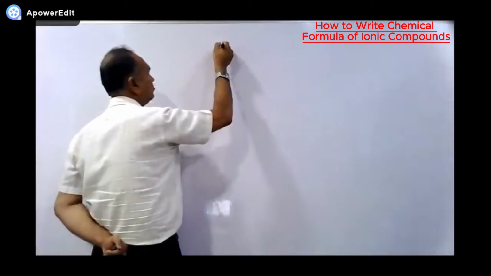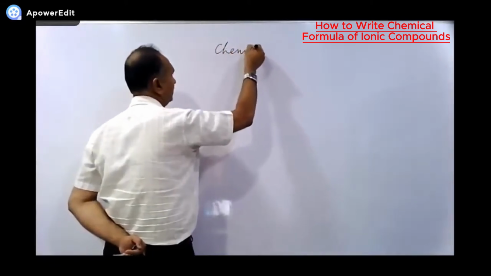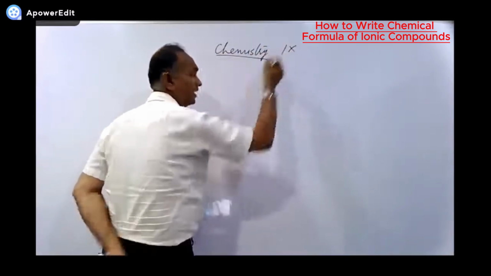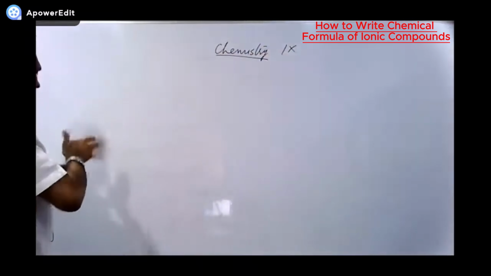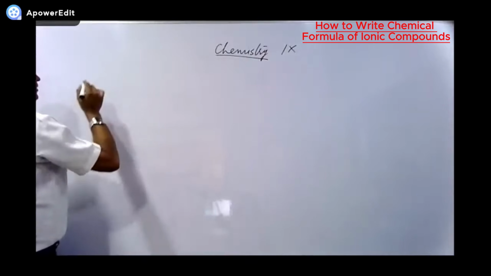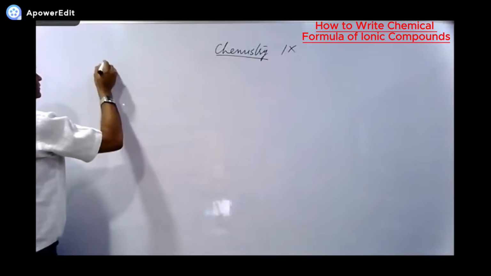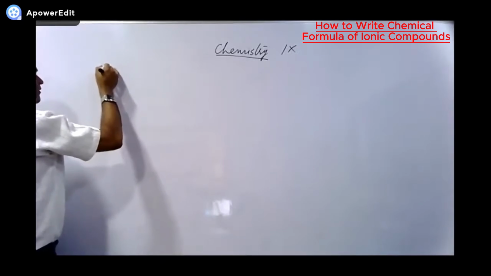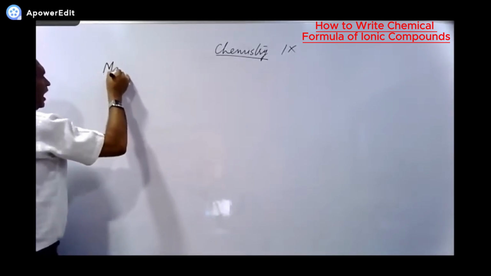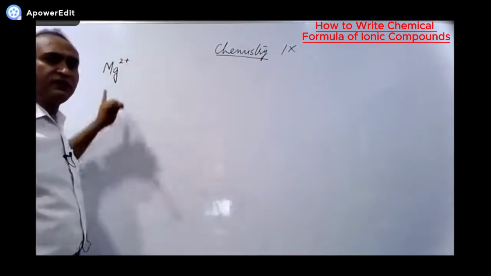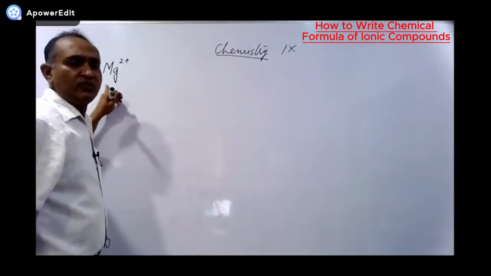So it's your revision time going on. This we have done yesterday. And what is this? I have some positively charged ions, like magnesium. After losing electrons, it will become Mg plus 2. What do you call this? Magnesium.